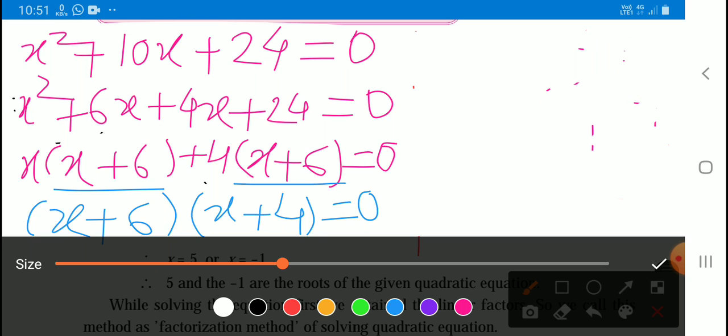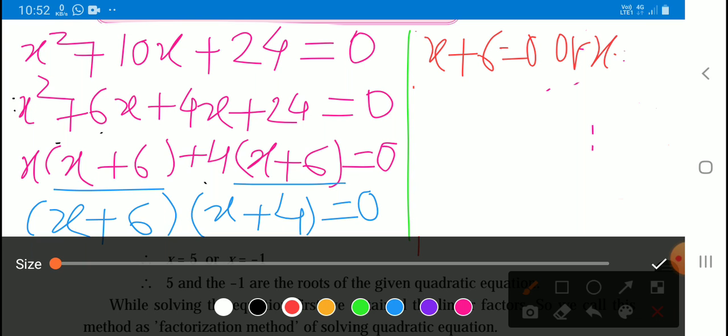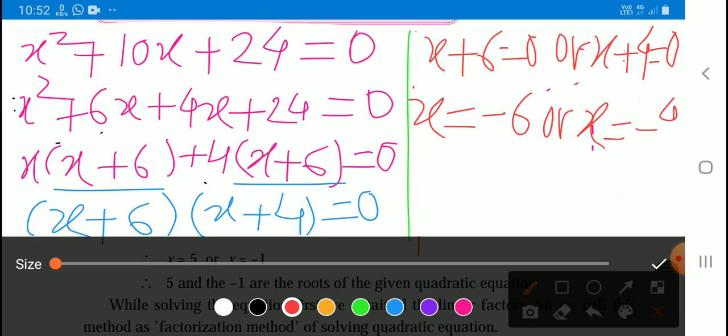You can write x plus 6 is equal to 0 or x plus 4 is equal to 0. Now I get x is equal to 6, I shift it to the right side so it becomes negative, or x is equal to negative 4. These are the solutions of the given quadratic equation.